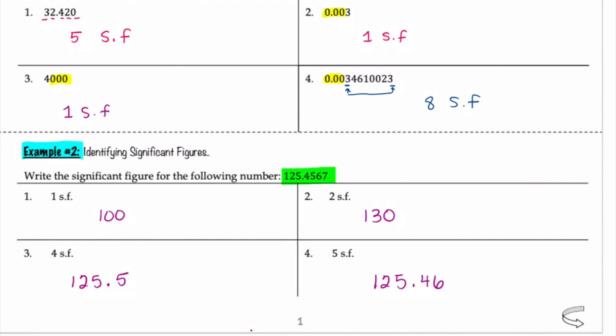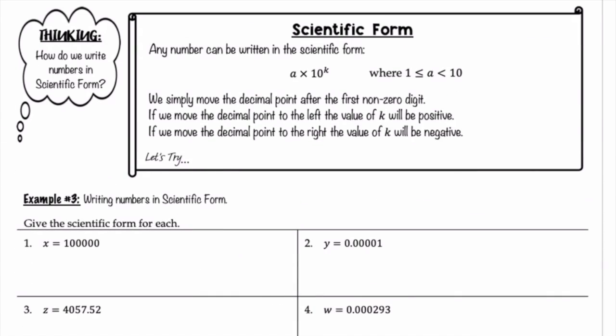Let's turn the page. Now that we have done significant figures, let's take it to scientific form. So our next thinking, how do we write numbers in scientific form? Any number can be written in this form. We write it as a times 10 to the k power, where a is between 1 and 10, can include 1, but does not include 10.